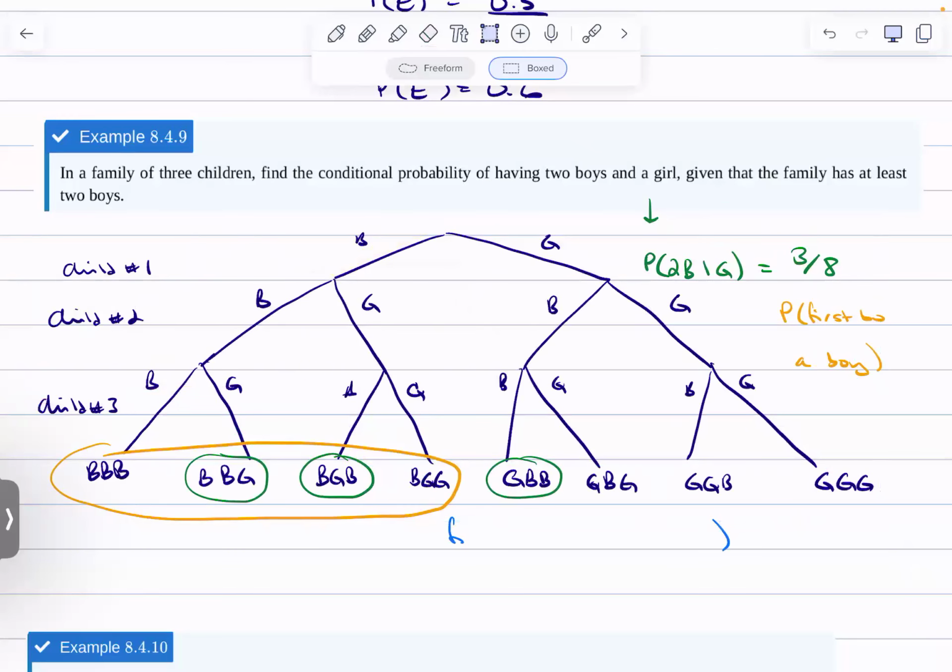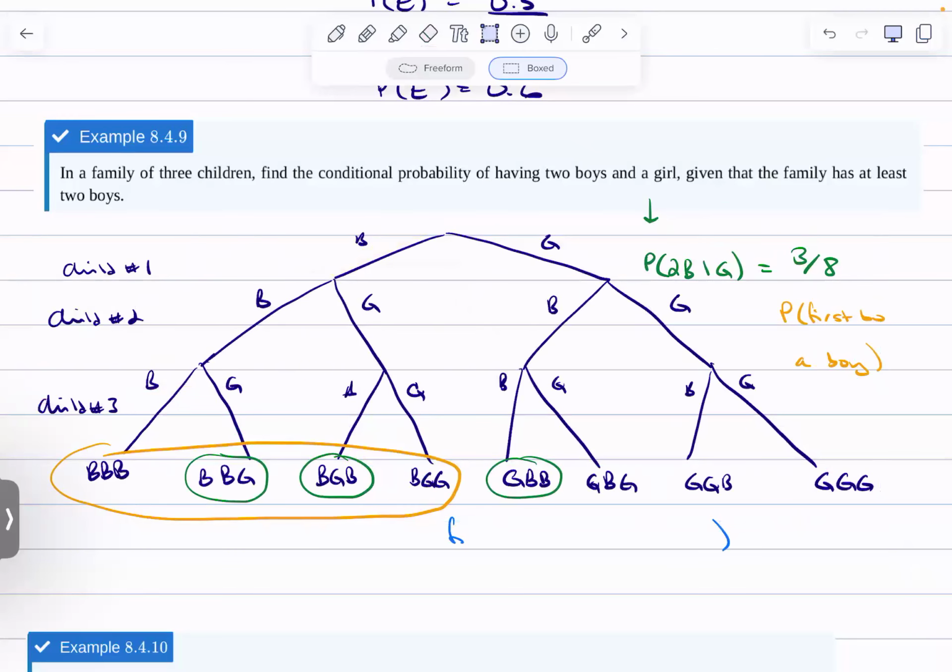So what this means is we want to find the probability of having two boys and a girl, given that the family has at least two boys. So you want to pay attention to that given, right? And in terms of our formula sheet, we have the formula for the probability of E given F. I always find that it's easiest if we define the first event as E, the one that we want to find the probability of.